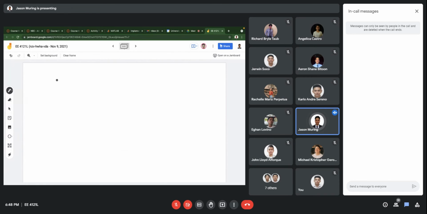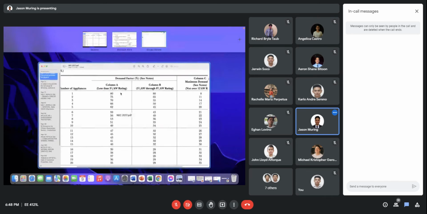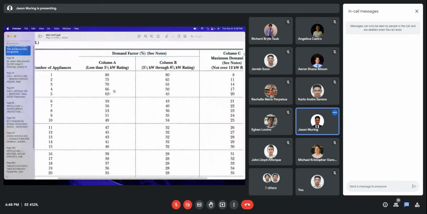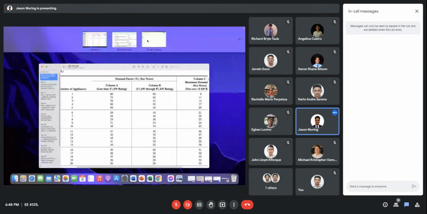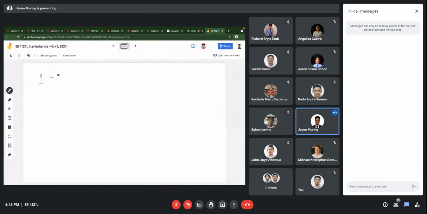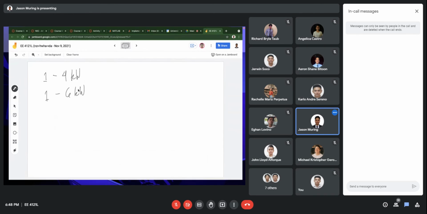Okay, so in this case, let's consider that we have 140. Since we have 4 kilowatt and one safety, there is just one for each. Therefore, instead of 65%, we apply 80%.